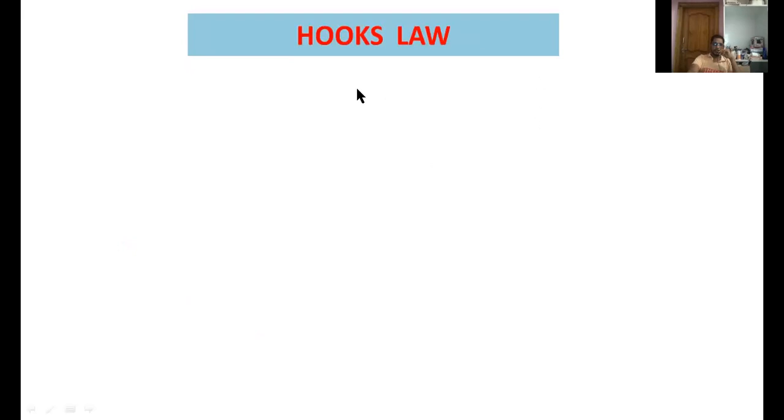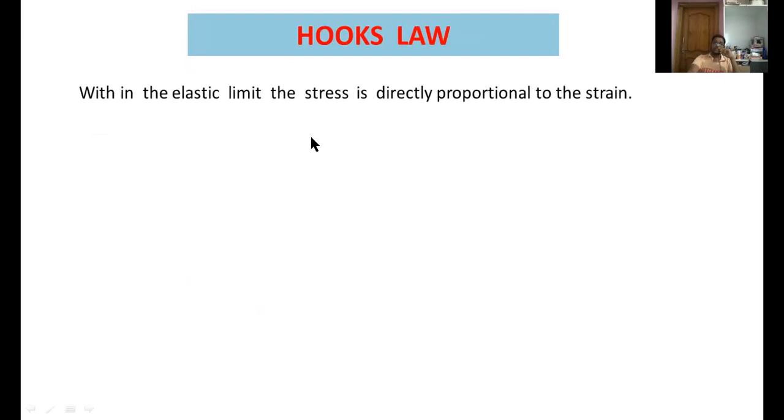Hooke's law is very important for all engineering materials. Within the elastic limit, the stress is directly proportional to the strain. This is Hooke's law.